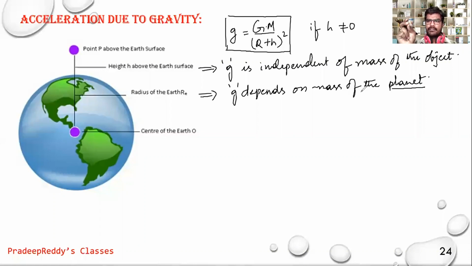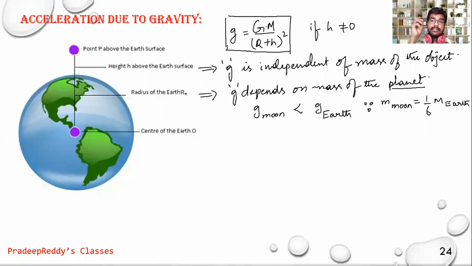Likewise, if you take a mass and place it on the moon, and leave it from a certain height on the surface of the moon, it will be pulled towards the moon with an acceleration less than 9.8 meter per second square, because mass of the moon is less than mass of the earth. Therefore, acceleration due to gravity on the moon is less than on the earth, because mass of the moon is equal to 1/6 times mass of the earth.